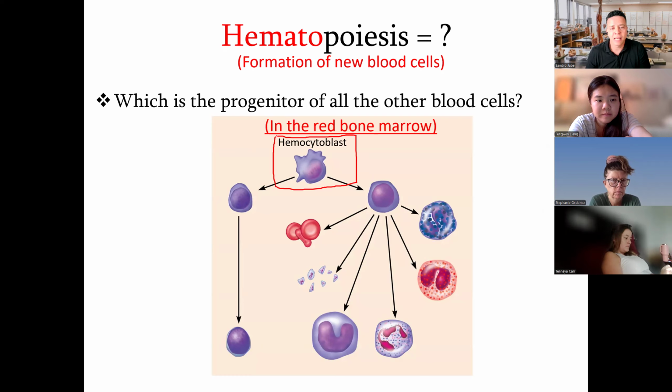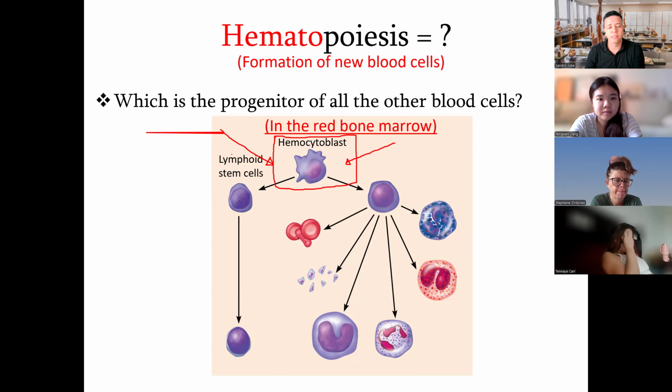Remember, we have talked about stem cells before. A stem cell is an undifferentiated cell that can transform into other cells. So we have stem cells in our red bone marrow. And the stem cell here, depending on the messenger, on the signal that it receives, and the signals are hormones, different hormones, the hemocytoblast can differentiate into the lymphoid stem cell or the myeloid stem cell.